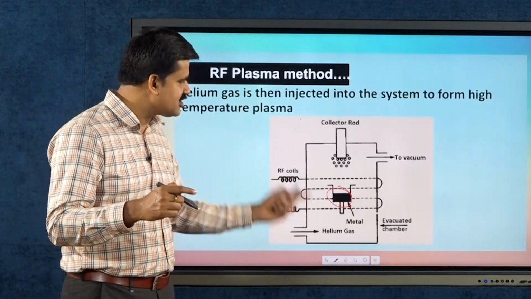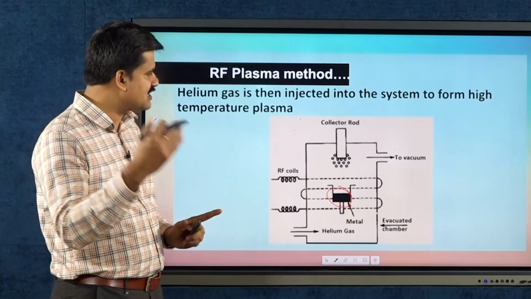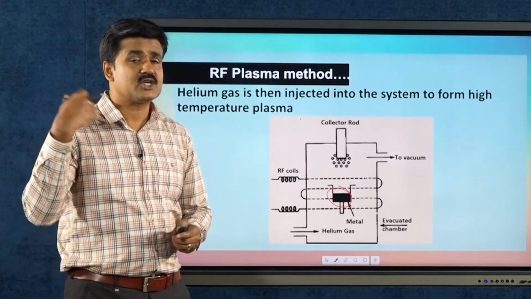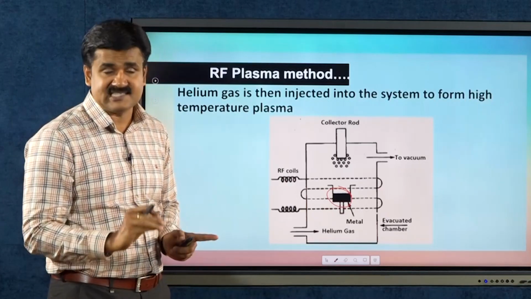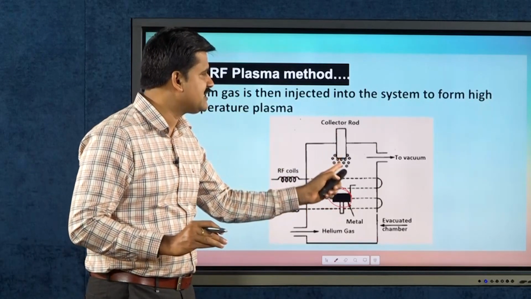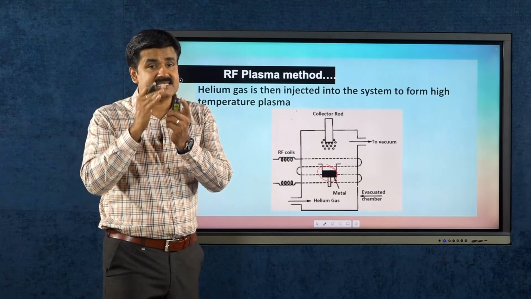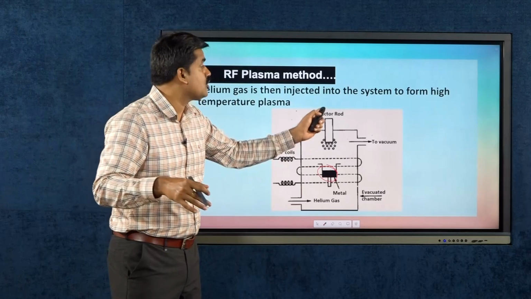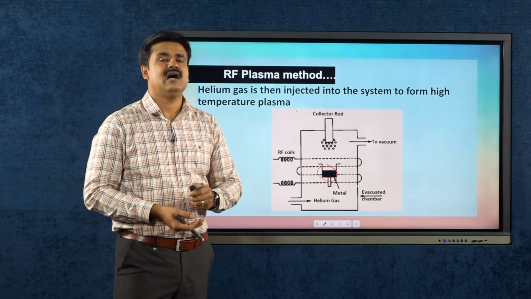Heat energy leads to the generation of the plasma from helium gas. That plasma causes the evaporation of the metal. Metal vapors are produced, and that metal vapor has to be condensed on the surface of a rod called the collector rod. So, the procedure is like this. Bulk metal is converted to vapors first, followed by condensation on a collector rod or on a surface. This is the procedure behind RF plasma method.